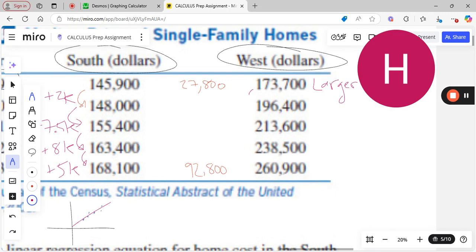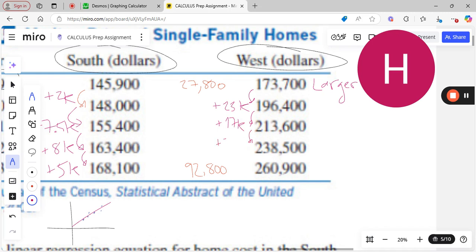Now let's look at this, which is going up by, well, pretty much 23,000 almost. That went up by a lot. Let's see. Now the next one is going up by about 17,000. Okay, so it's not going up by quite as much.